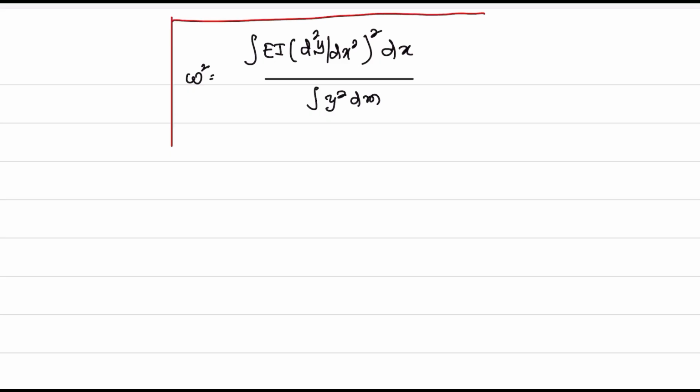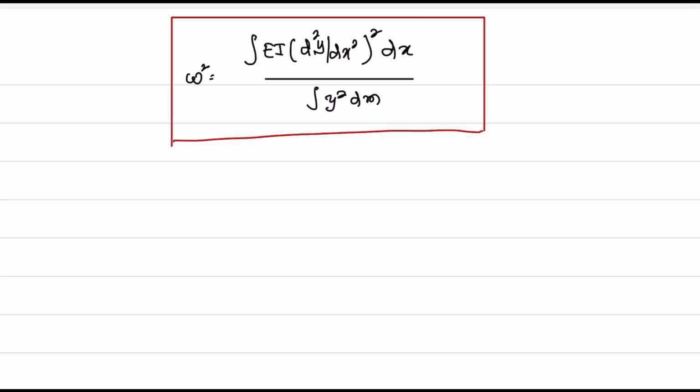In this general equation, integral of dm we know, that is m, y we know, d square y by dx square whole square we know, and Young's modulus is known. E is the material property.